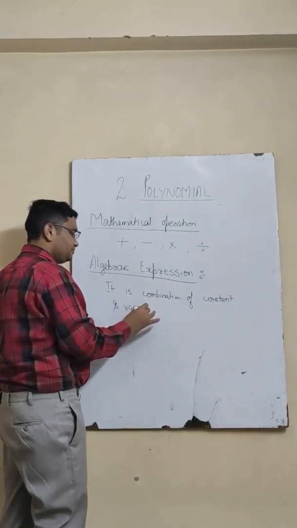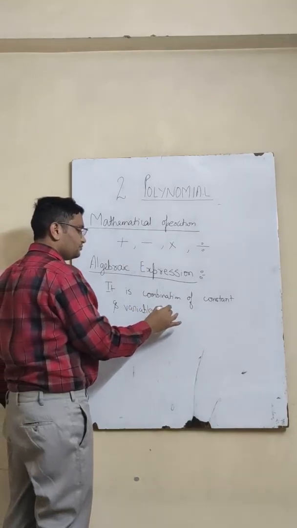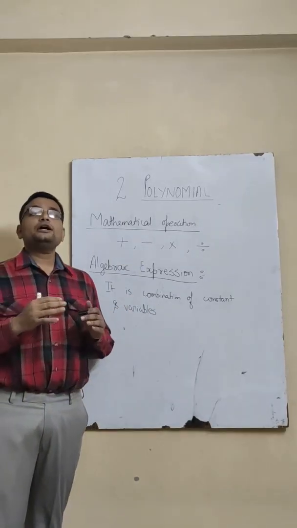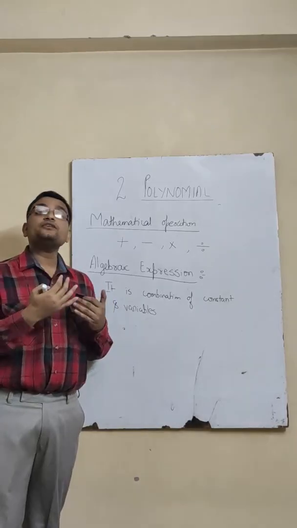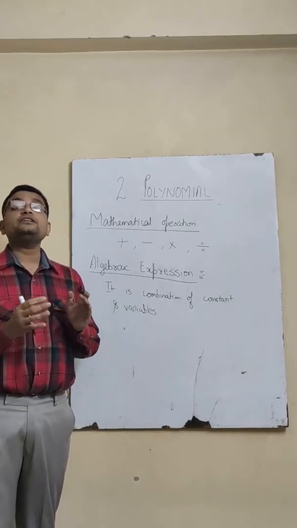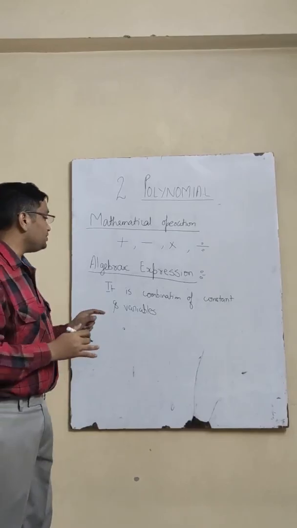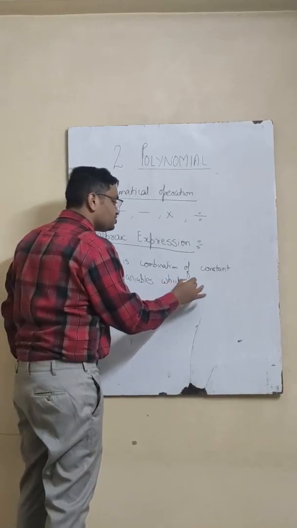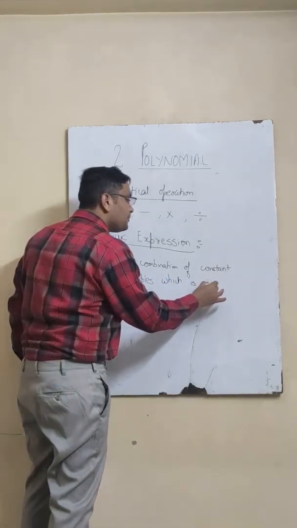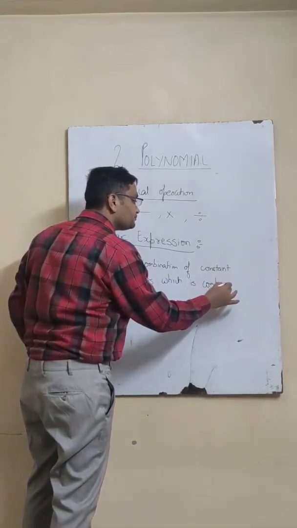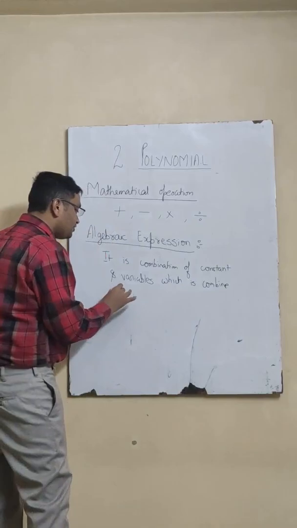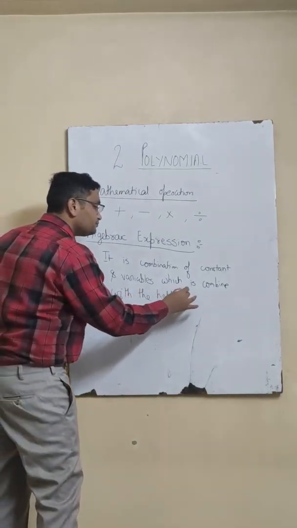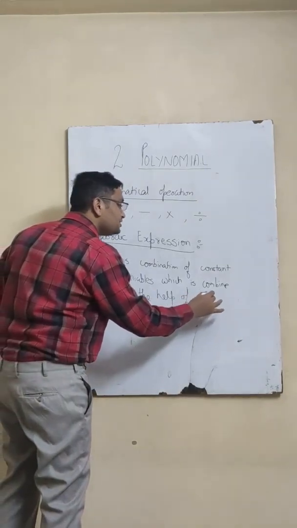It is a combination of constant and variable, and with the help of which thing are we combining the constant and variable? With the help of mathematical operations. It is a combination of constants and variables combined with the help of mathematical tools.